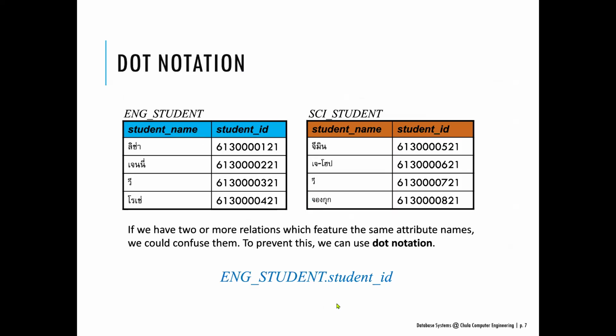So I have to use this notation called dot notation. If you take a look down here, I said ENG student dot student ID. Now I know exactly that I am talking about student ID from the ENG student relation, not from the SCI student relation. So dot notation comprises the name of the relation, dot, the attribute name.